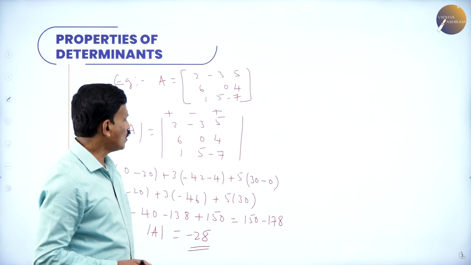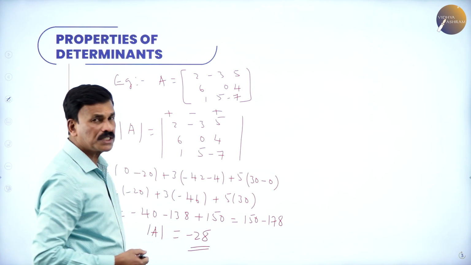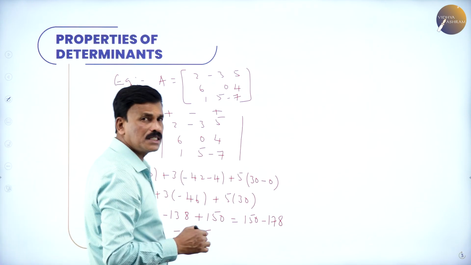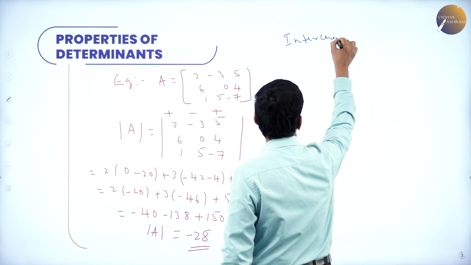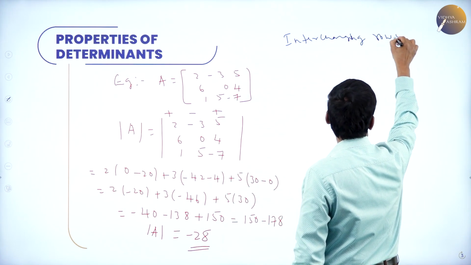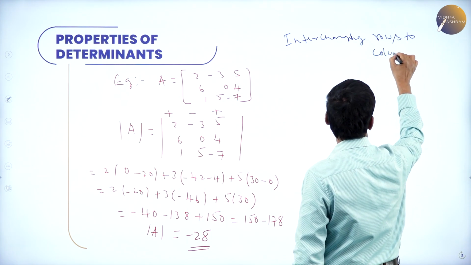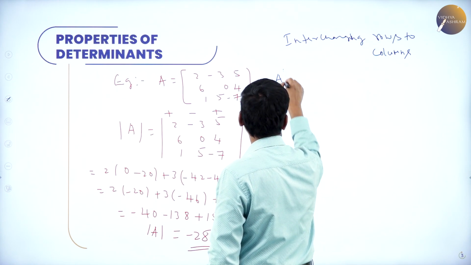Now, according to the definition, if the rows and columns are interchanged. Now let us interchange. Interchanging rows to columns. Now this can be written as A dash.